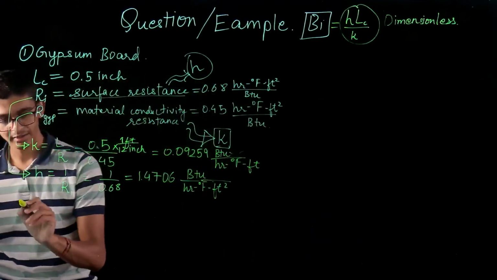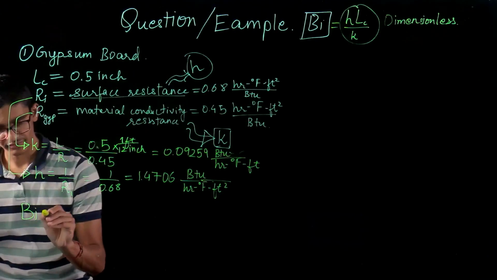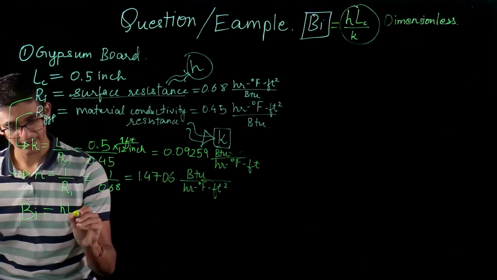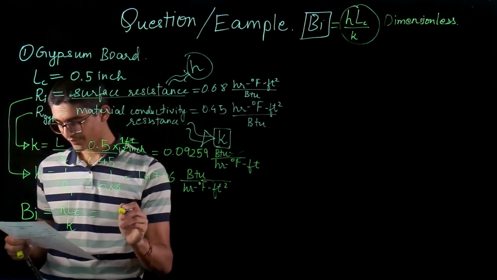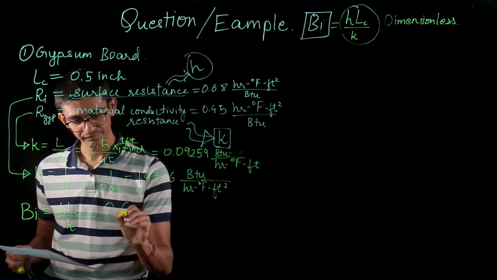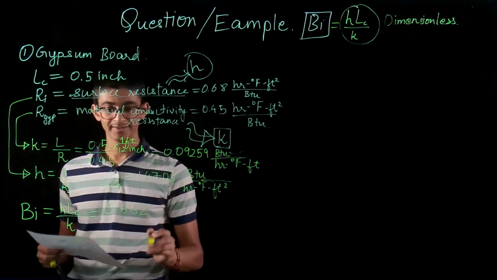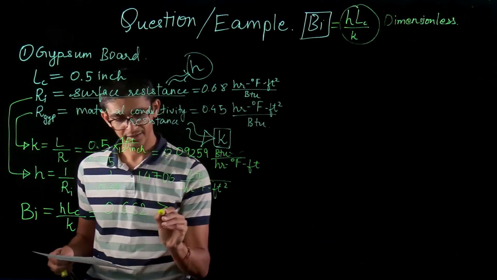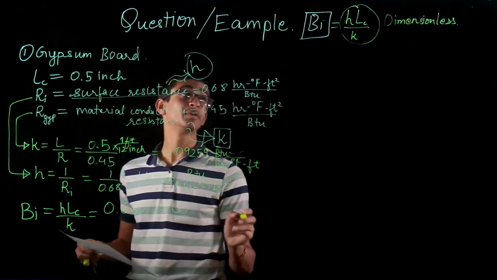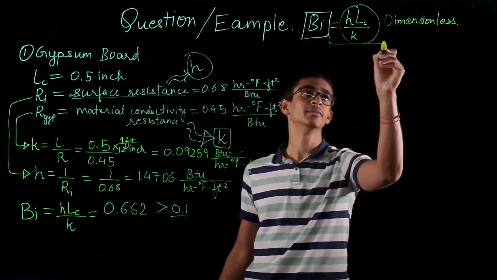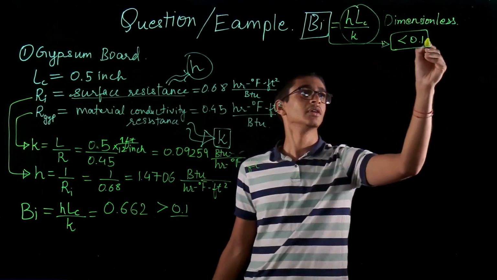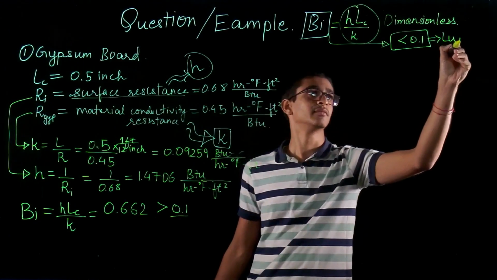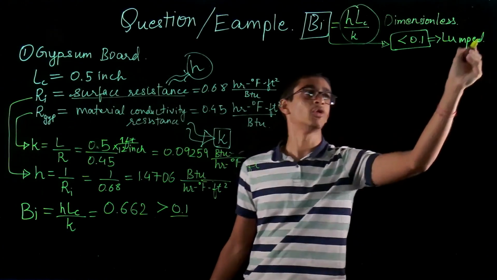end. So now I can calculate Bi, which is the Biot number, H L_c by K, and we have the H and K values now, and the value comes out to be 0.662, which is greater than 0.1. So remember, in the previous video I said that the Biot number should be less than 0.1 for the lumped capacitance model.